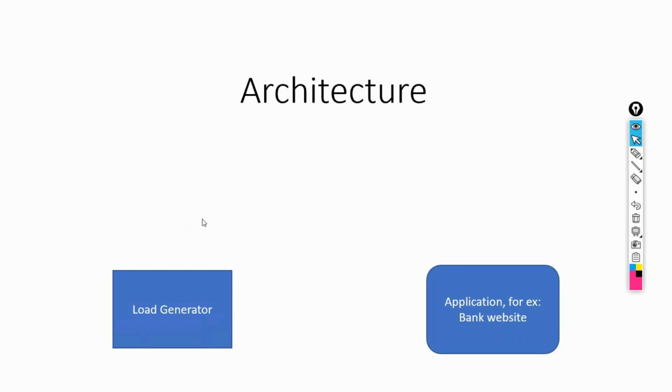Like they log in, they perform some actions like transfer money, download statement, pay credit card bill, and all those actions. This load generator is also a machine, configured with a high hardware configuration, like a good amount of RAM, CPU processors, and all those things.